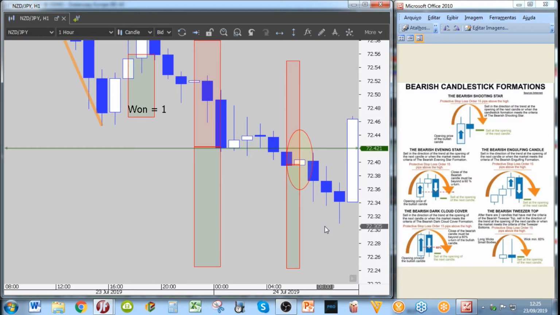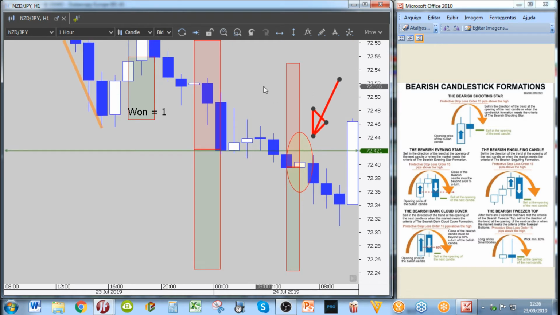We just have a big bullish engulfing candle, and the trader number one, trader number two, sorry, who sold in here, he is losing right now, right? And also the trader number one.